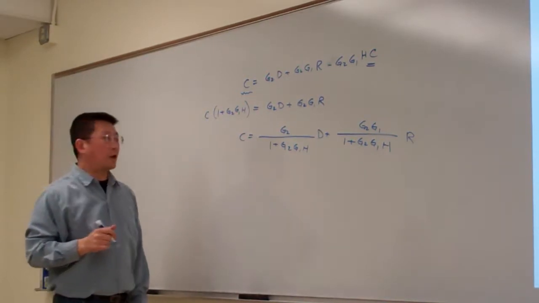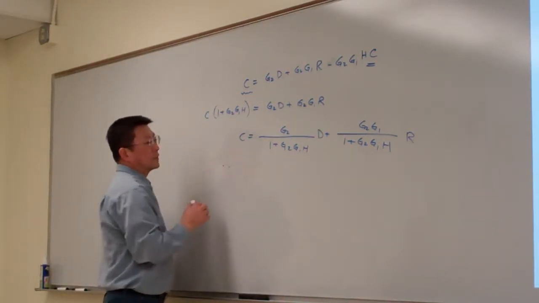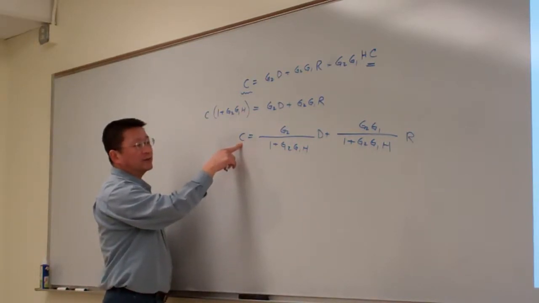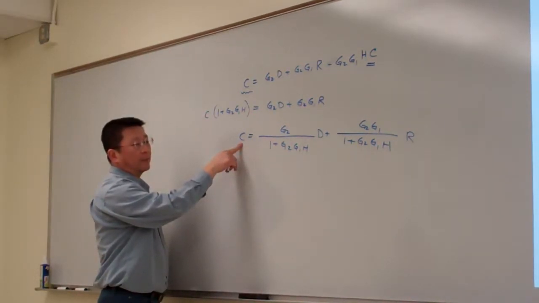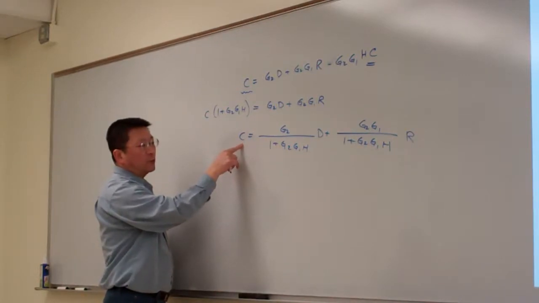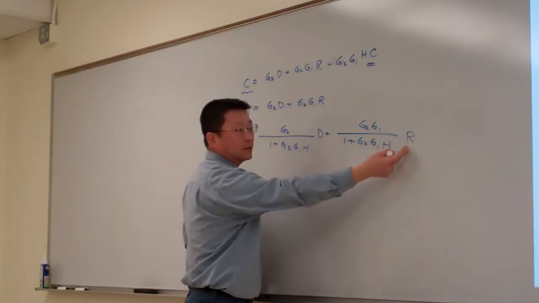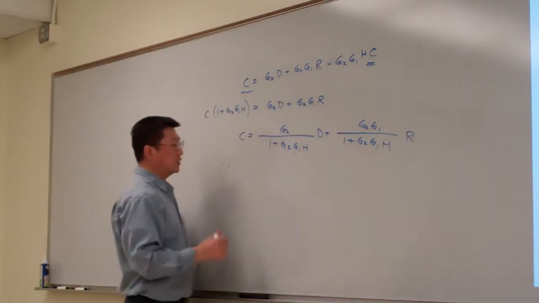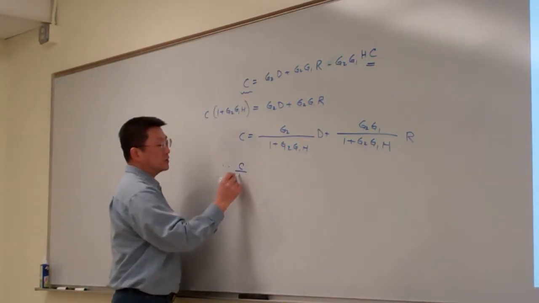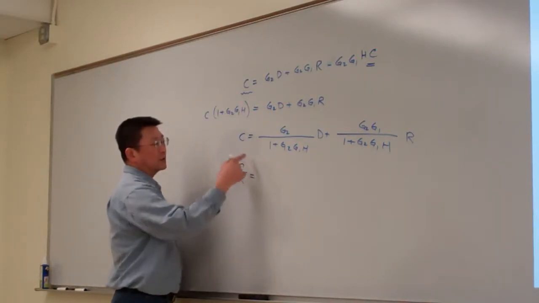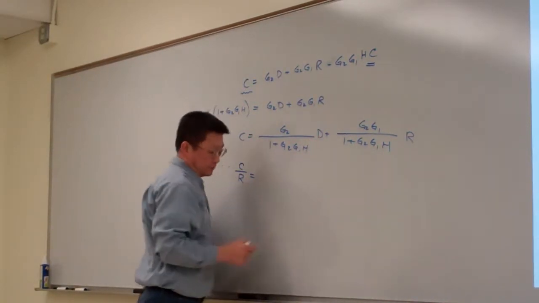Okay, so now you can see the contribution to the output comes from two things: one is from D, one is from R. There are two kinds of input. So the transfer function C over R is simply this term.